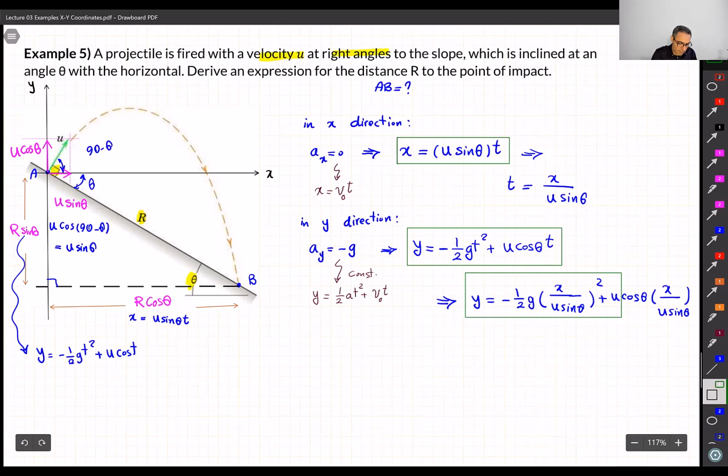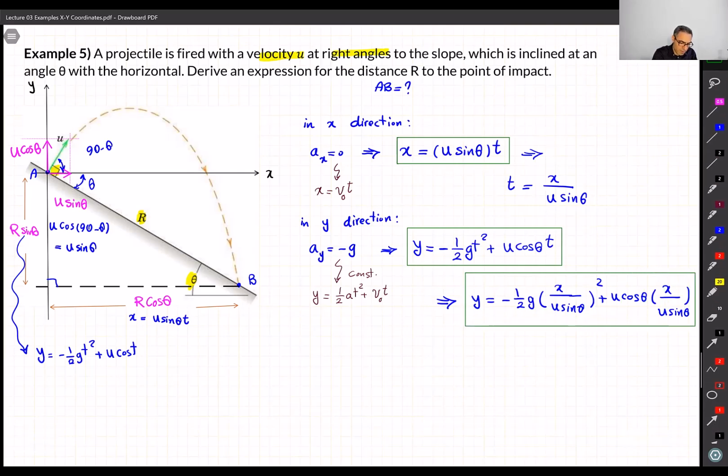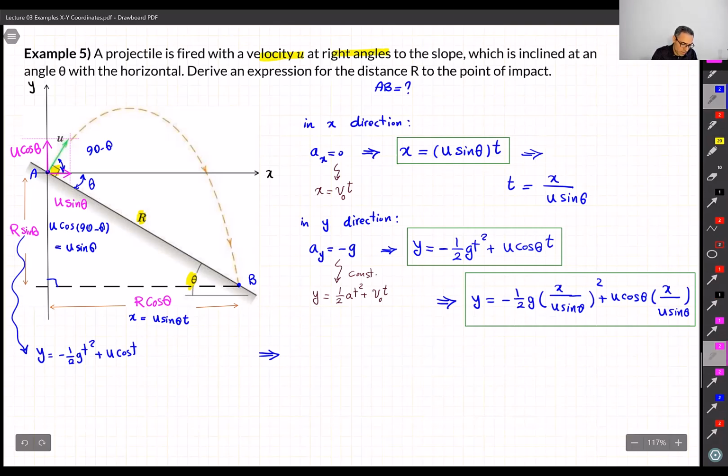and it looks ugly, but with the extra piece of information that we have, we can replace x and y with this r cosine theta that we found, right? Let's do that and see if we get anywhere. So I'm going to simply replace y by r sine theta, which is equal to half of g.